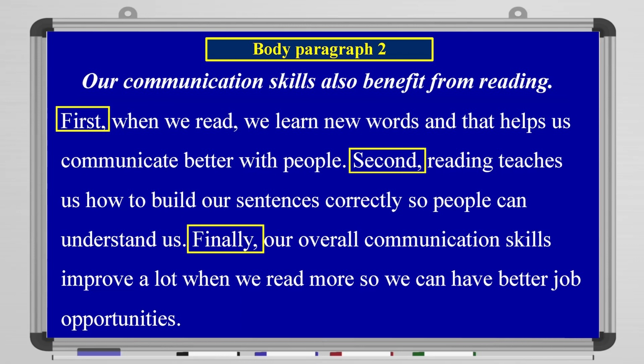Finally, our overall communication skills improve a lot when we read more, so we can have better job opportunities. I can see the sequence of ideas very clearly in this paragraph, which helps the reader to understand more about the idea I'm exposing in this essay.